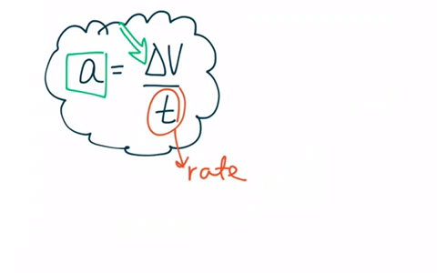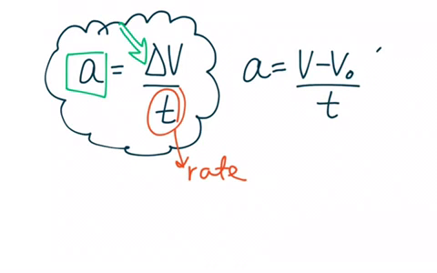Now we could also write this equation like this: a equals v minus v naught. When you hear me say the word naught, it's what scientists use to speak of that little zero down there. And that means initial velocity. This over here is a final velocity.